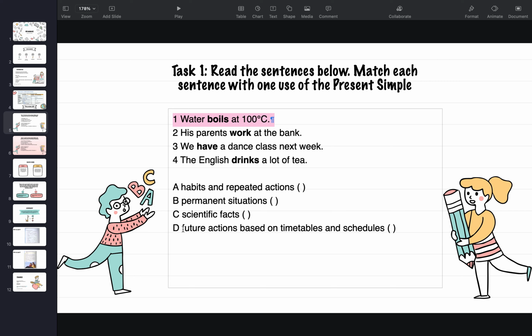Okay, perbuatan akan datang berdasarkan jadual yang ada. Okay, so water boils at 100 degrees Celsius. Yang mana satu benda tu? Kamu tulis nombor ni dalam kurungan yang dekat tepi dia, okay? Alright, so that's your first task.